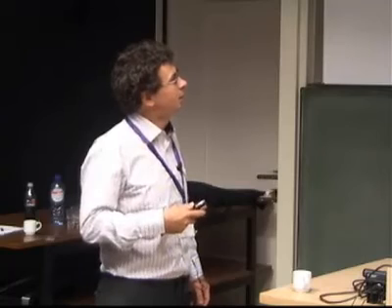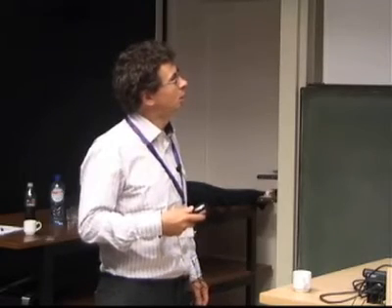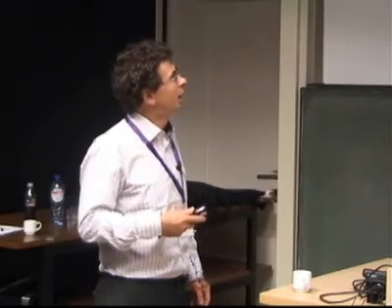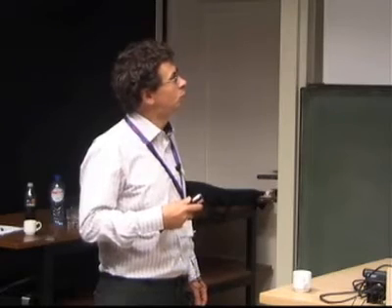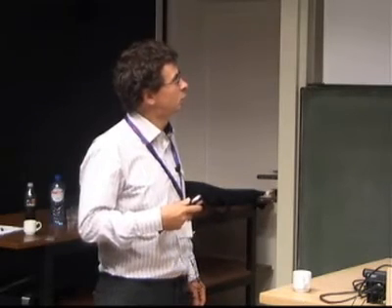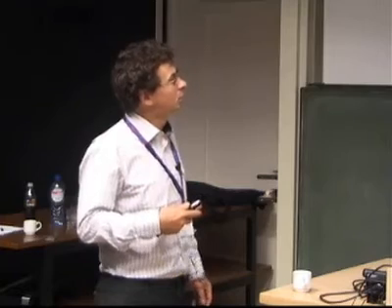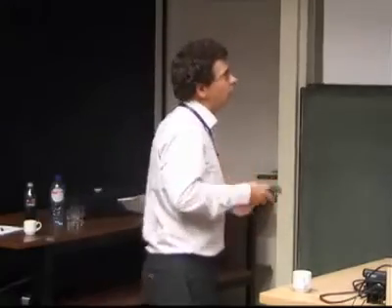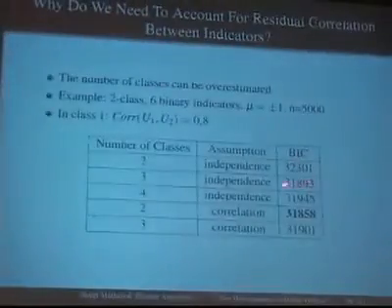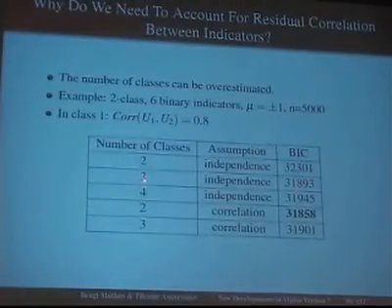We have 6 binary indicators, thresholds are plus minus 1, large sample size, and we actually have 2 classes in this model. We generate the data with 2 classes, but we have 2 indicator variables that are correlated beyond the latent class variable. So if you estimate LCA based on the independence assumption, what BIC is going to give you is this red number here, meaning 3 classes.